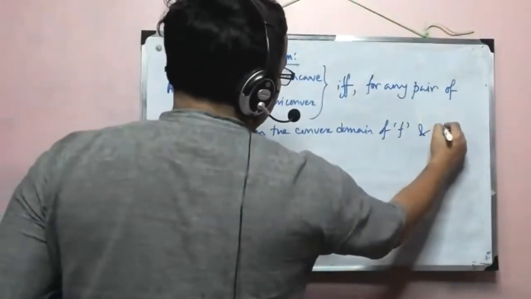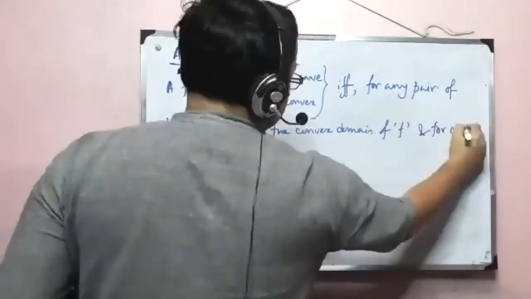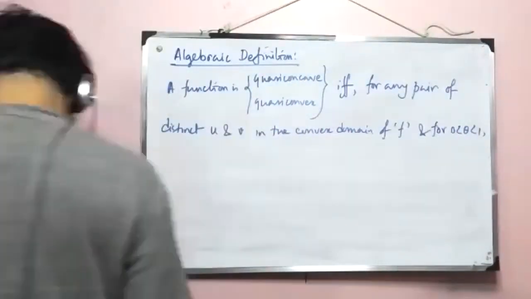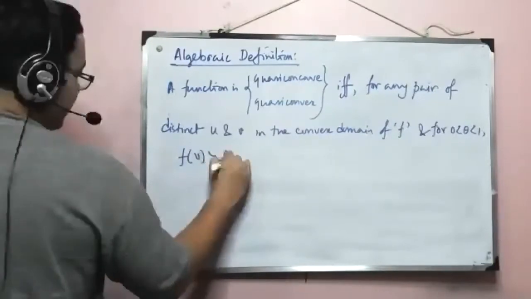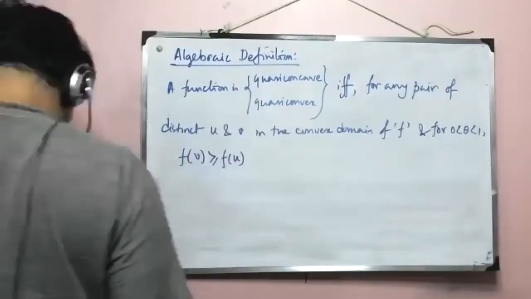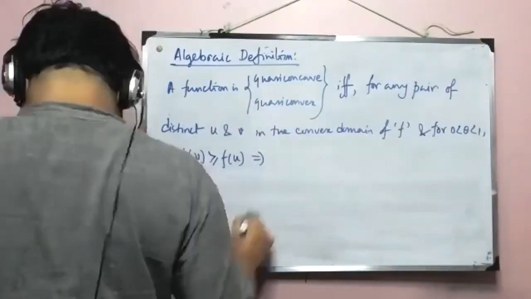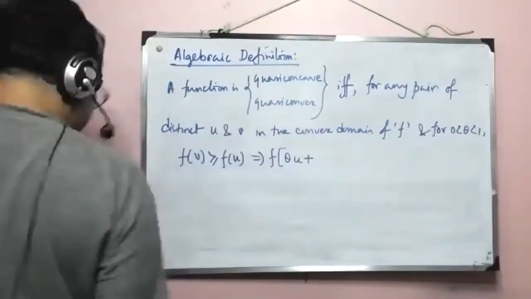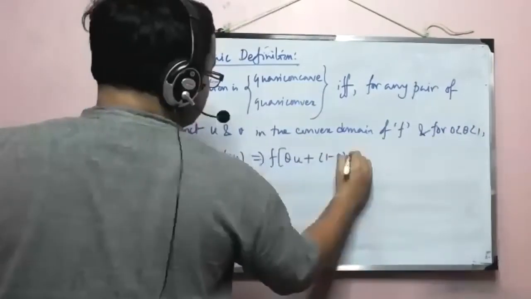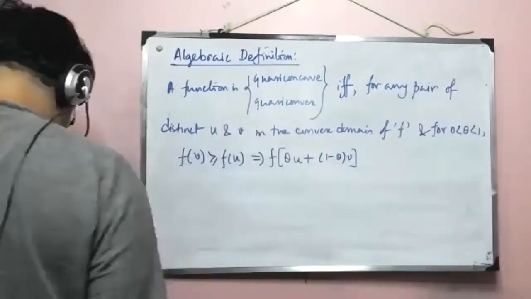And for 0 less than theta less than 1, f of v greater than or equal to f of u implies f of theta u plus 1 minus theta v. So that's our convex combination.